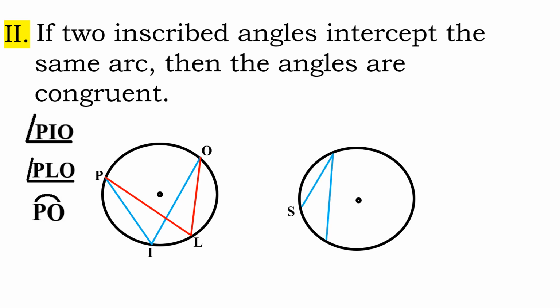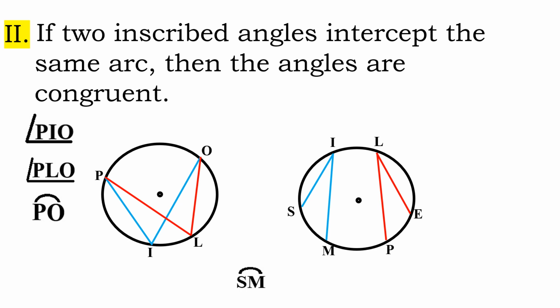Another figure here. We have here two angles, angle SIM and angle ELP. The intercepted arc of angle SIM is arc SM, and the intercepted arc of angle ELP is arc EP.